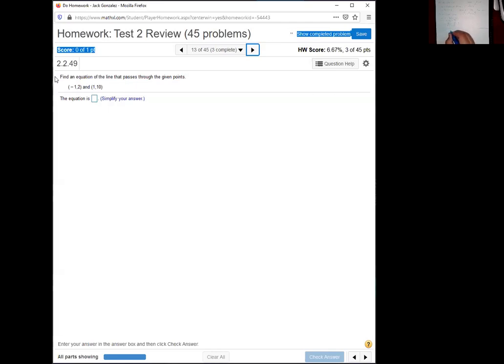Find an equation of the line given -1, 2, and 1, 10.